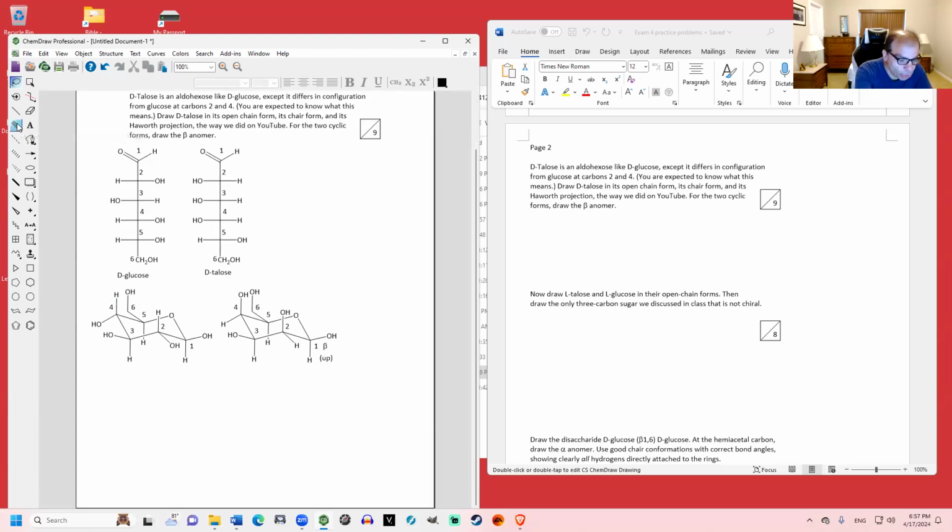We'll see if I can draw a good Haworth projection. A little too much angle over there.